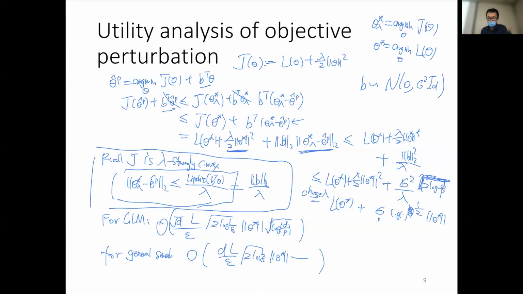So these rates apply under this additional condition that either beta is sufficiently small or lambda is chosen to be sufficiently large. But what makes this quite interesting is that the last part of this analysis doesn't actually depend on the beta parameter at all. This is really just an additional assumption that needs to be checked. The expressions themselves don't directly depend on how strongly smooth this problem is, unlike previously in the analysis of output perturbation, which explicitly relies on the smoothness parameter.